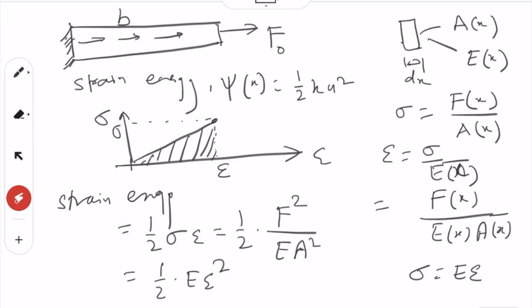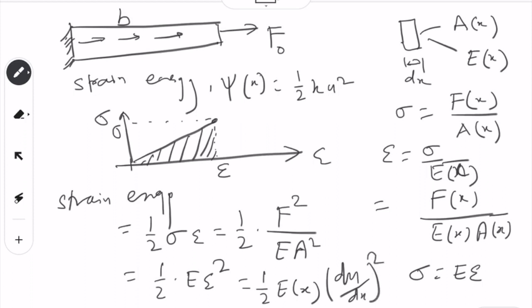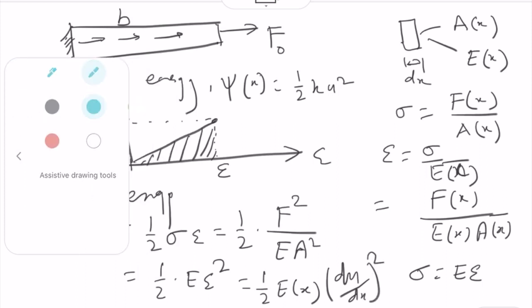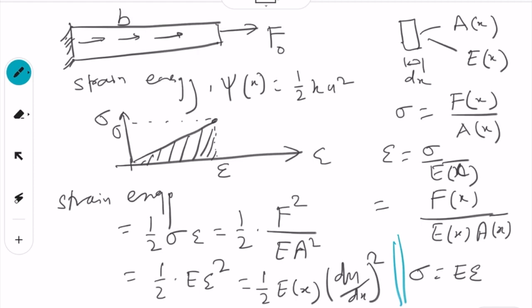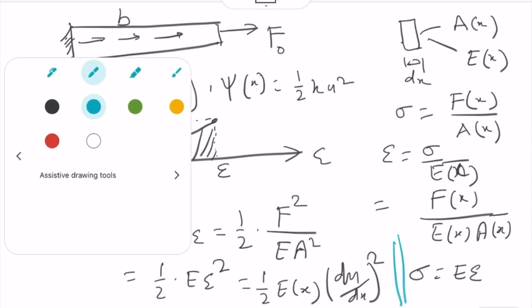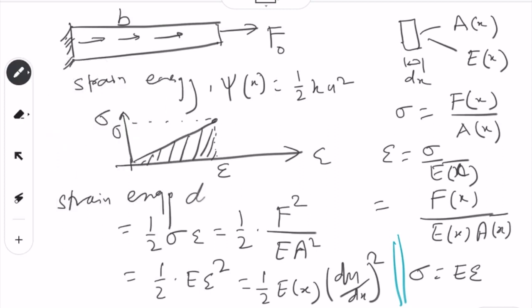We know that the strain energy is also of this form, equal to half E, which can vary along x, and then du over dx squared. So what we got so far is the strain energy density, given by half E du over dx squared.